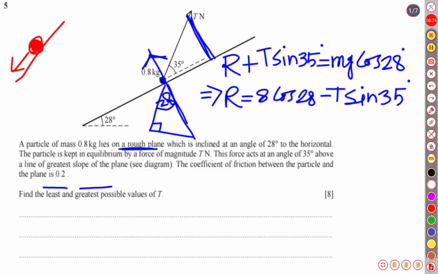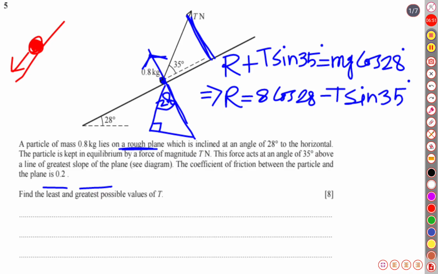So for the least value of T, T is the external force which is one of the resistance forces, not the only one. That's why it is least in magnitude.